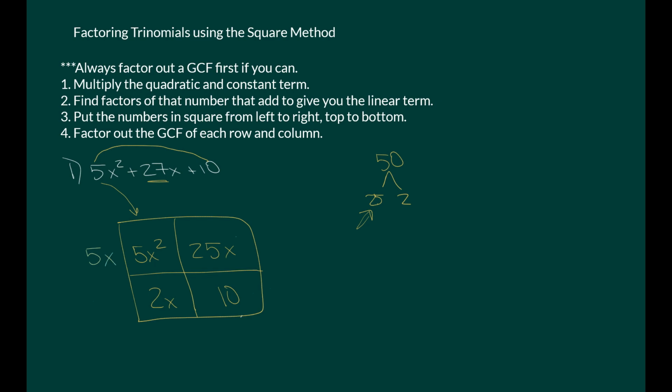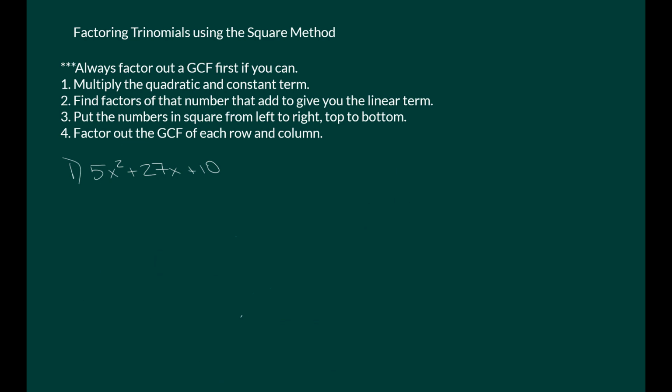The second row, I could take out a 2. The greatest common factor of the first column is an x. And the greatest common factor of the second column is 5. So your answer is x plus 5, because this is a positive 5, times 5x plus 2, because this is a positive 2. And that is your answer.